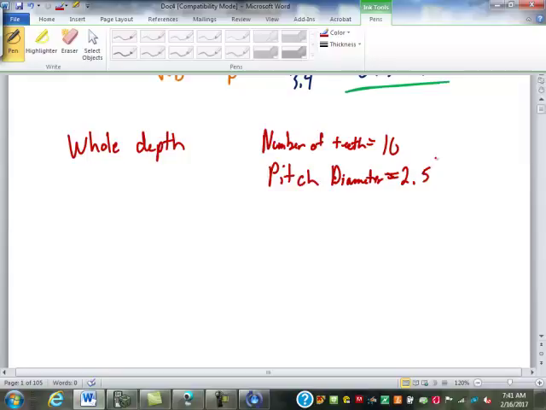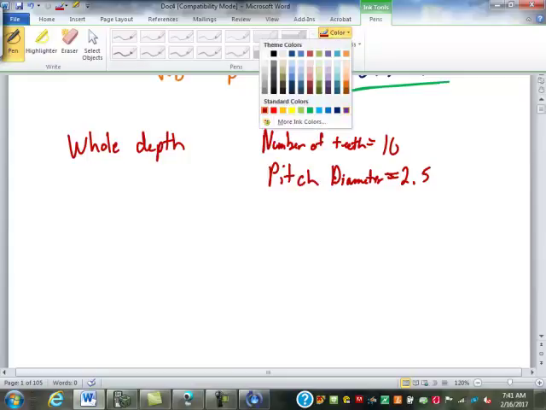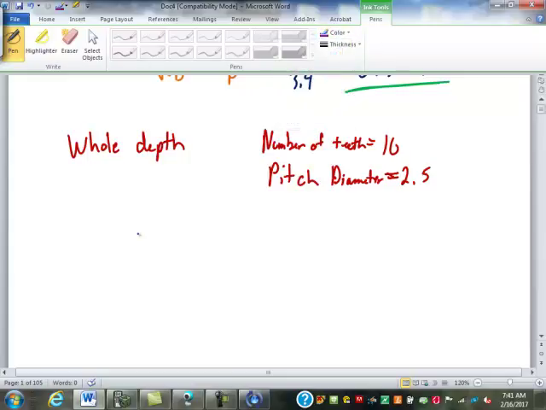So I need the hole depth. I'm going to look up hole depth again in my chart, on page 248. Hole depth, WD, is, make sure I get my numbers right.